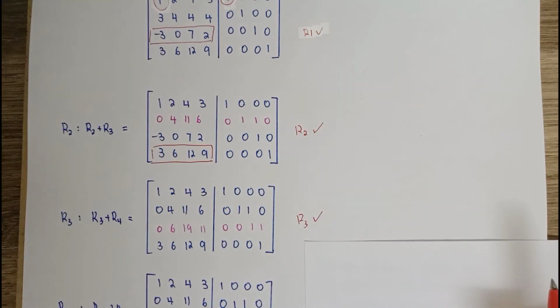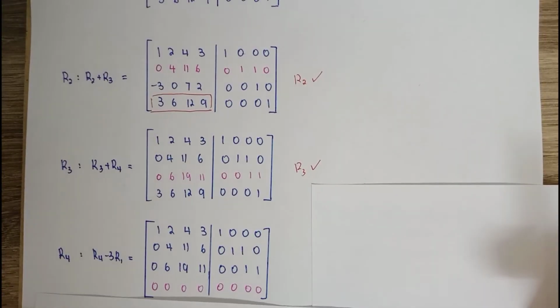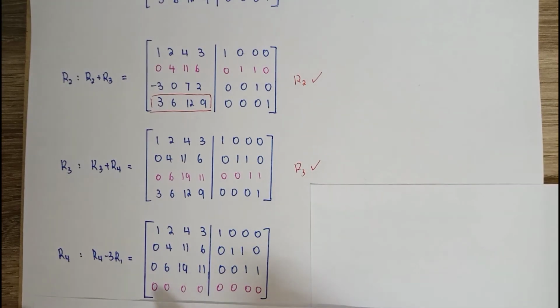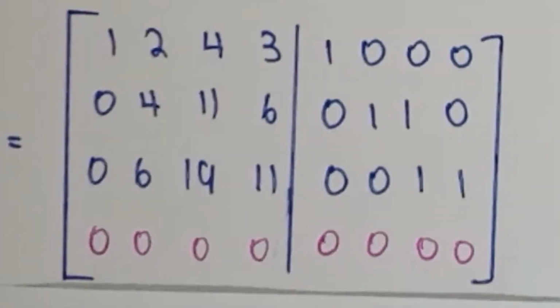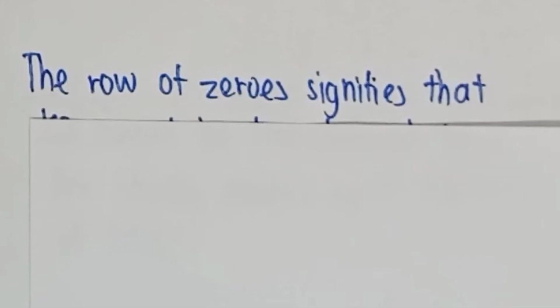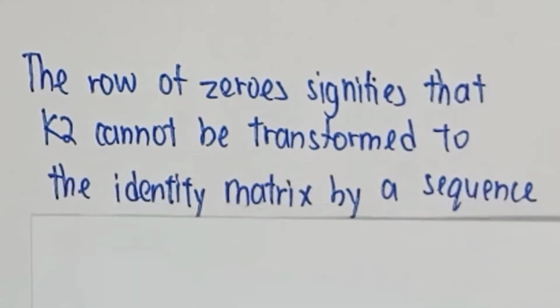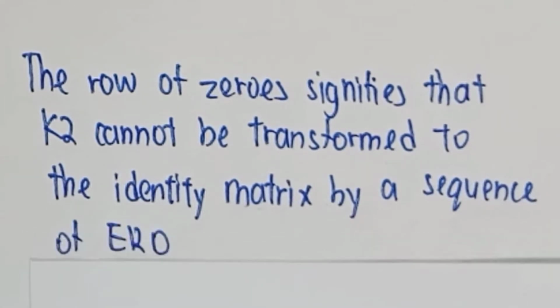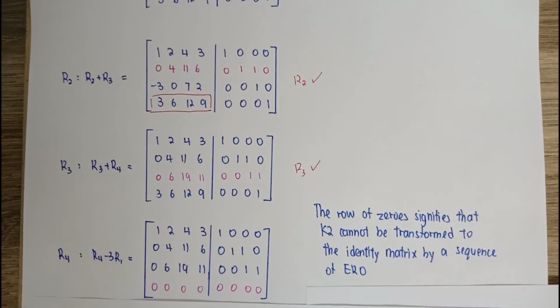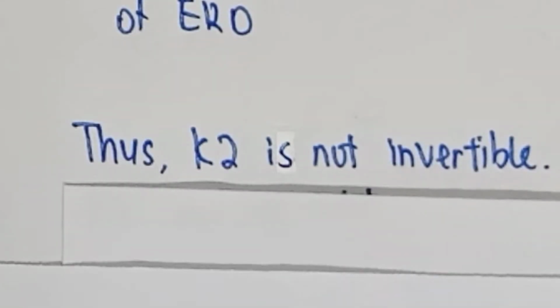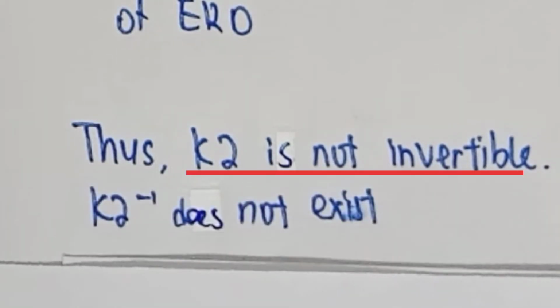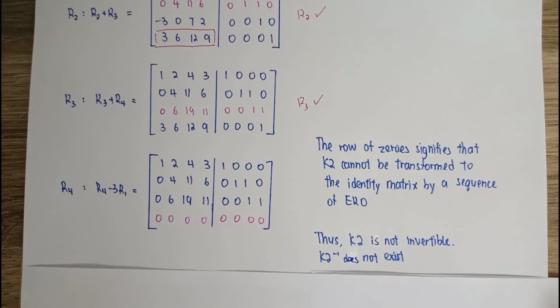If we add it like this, we will get a row of 0 at the fourth row. The row of 0 signifies that K2 cannot be transformed to the identity matrix by a sequence of ERO. So this means that K2 is not invertible, so the inverse of K2 does not exist.